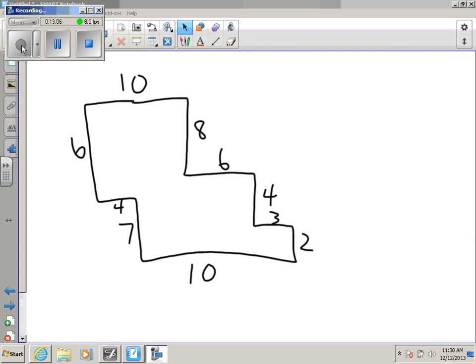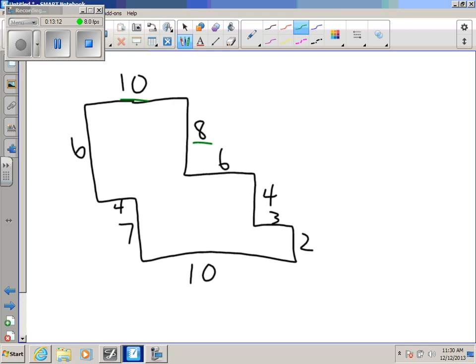Formula for this one. Is there a formula? No. So let's add all sides. 10 plus 8? 18 plus 6? 28? 31? 33? 43? 50? 54? 60?